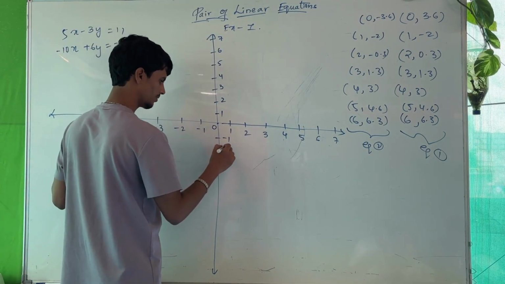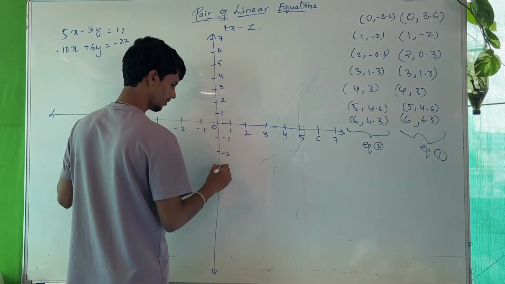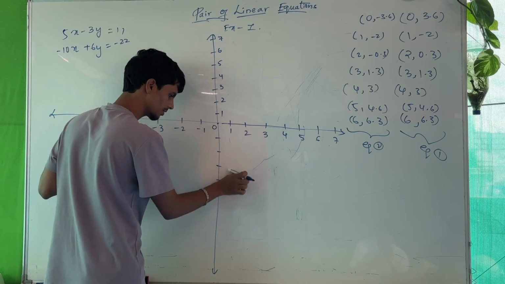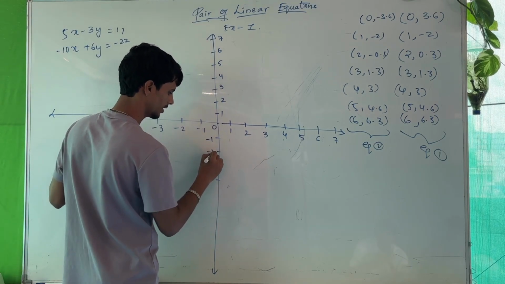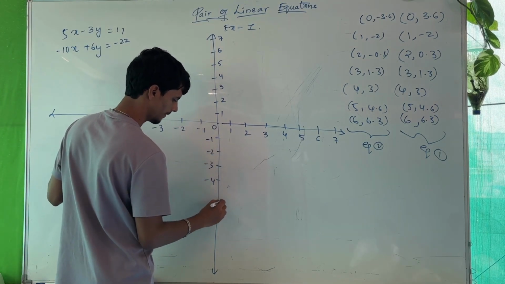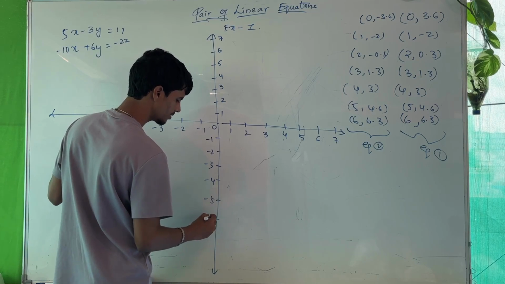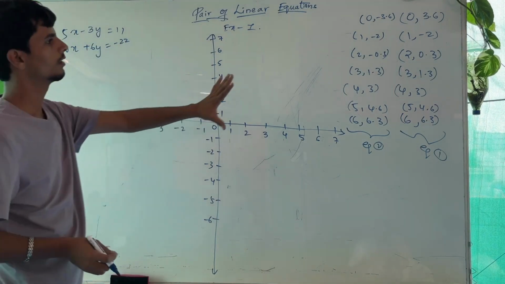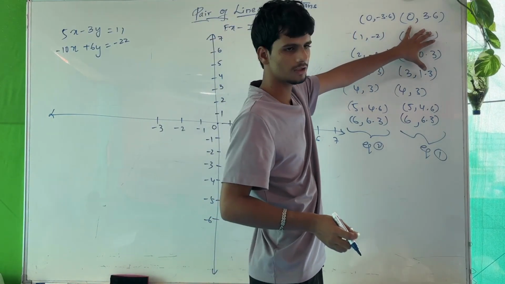Next, minus 1, minus 2, minus 3, minus 4. Let us write these numbers on the left side: minus 1, minus 2, minus 3, minus 4, minus 5, and this is minus 6. That's enough. Now let us plot the first equation solutions.